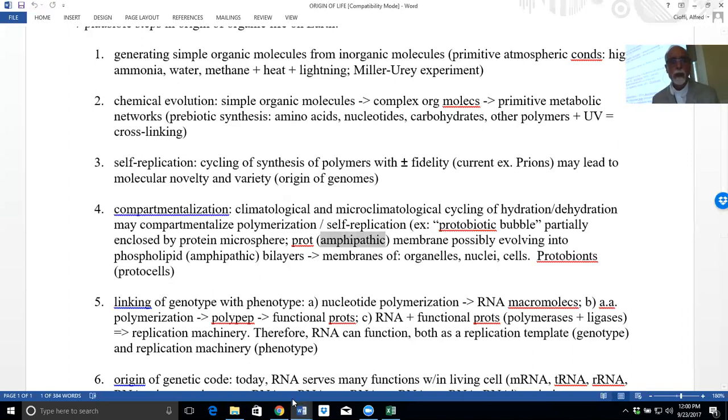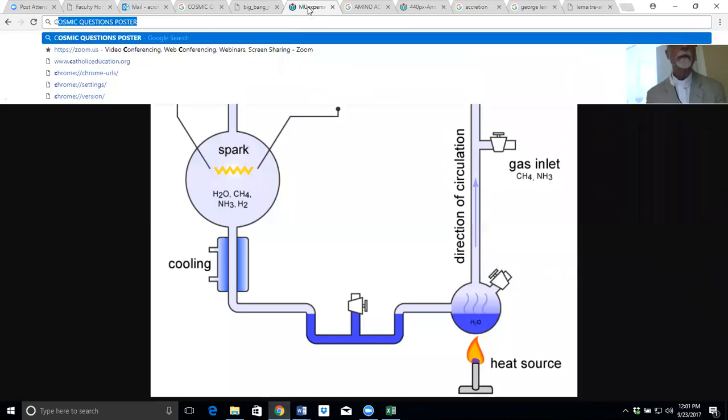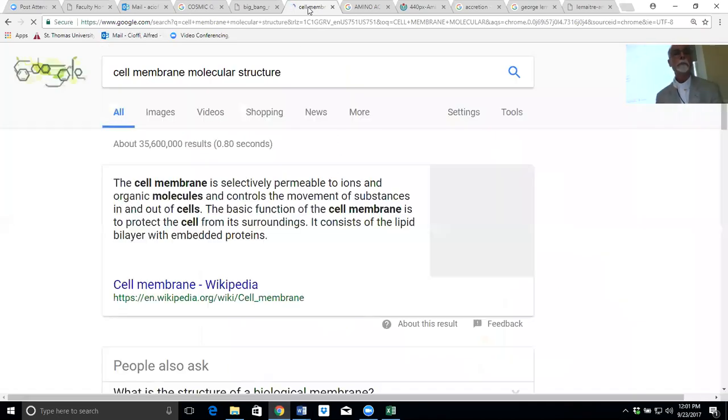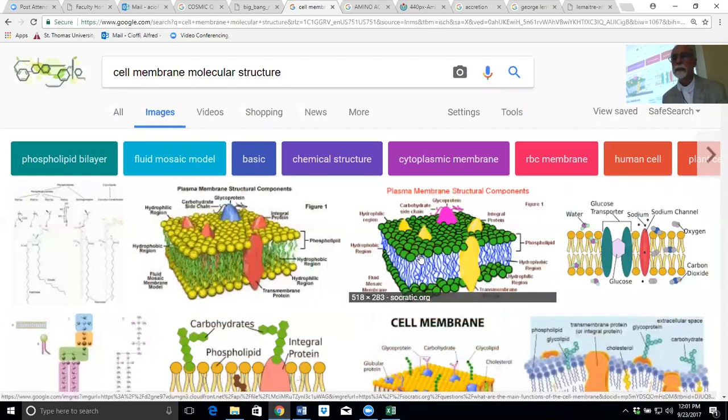So let's look at the cell membrane in detail for a moment. It's called a phospholipid bilayer. And that's what we get.